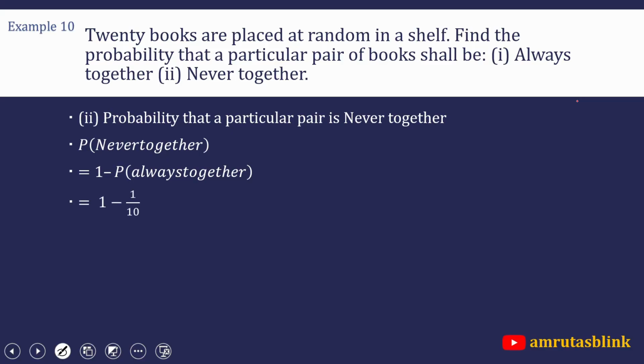And we had just calculated the probability of these two books always being together as 1 by 10. Hence the probability that these two particular books are never together is equal to 1 minus 1 by 10, which is equal to 9 upon 10.